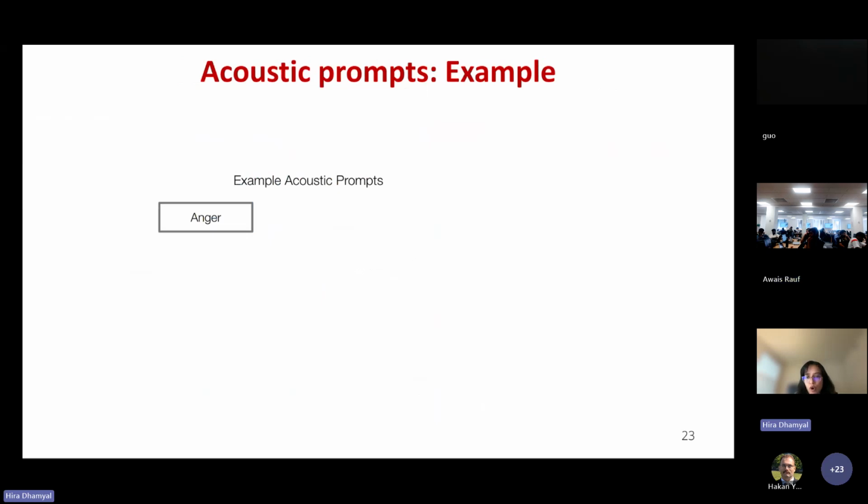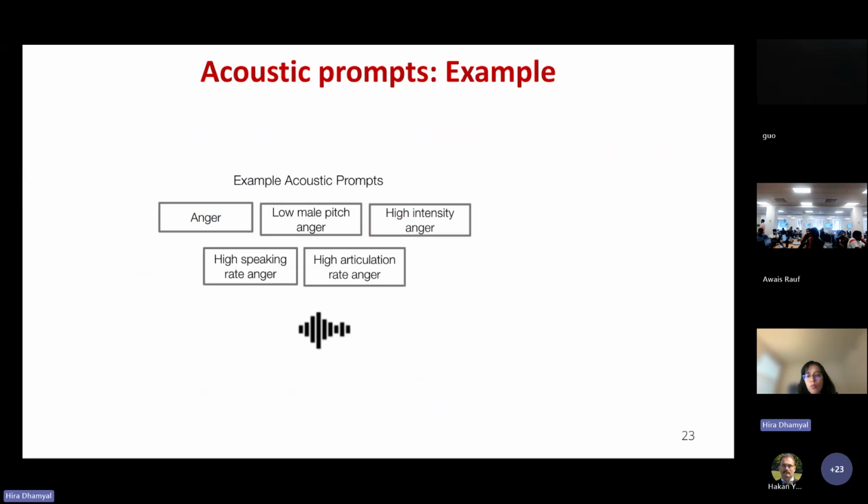So how do we use these prompts? Let's say in a data set, we have an audio that is labeled with the label anger. If we use the prompt, we call this the class label, which is anger. If we extract pitch from the audio recording and bin it, let's say it was put into the bin of low male pitch anger, and this is called the pitch prompt.